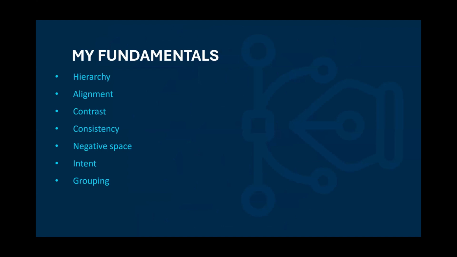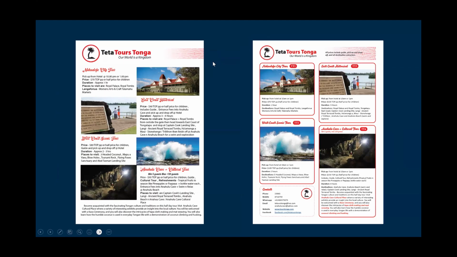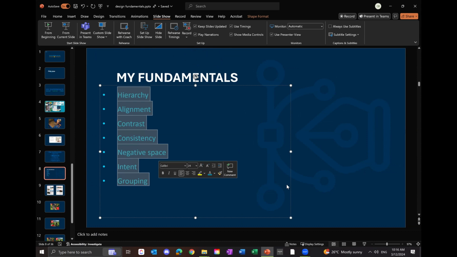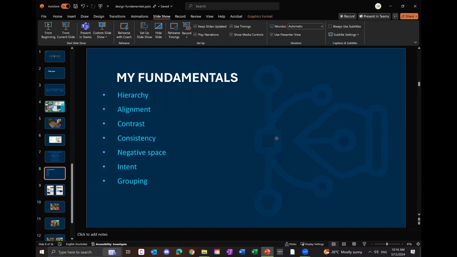If we go to this page, the hierarchy is clear. There are three main levels of hierarchy here. There's the top one. Whoops, I've gone to the wrong page. I wanted to highlight this. There's the top one, My Fundamentals. That's the title. It's very clearly the top hierarchy level. This whole list here is the second level. And then there's this third thing, just hiding over here, which is very low.